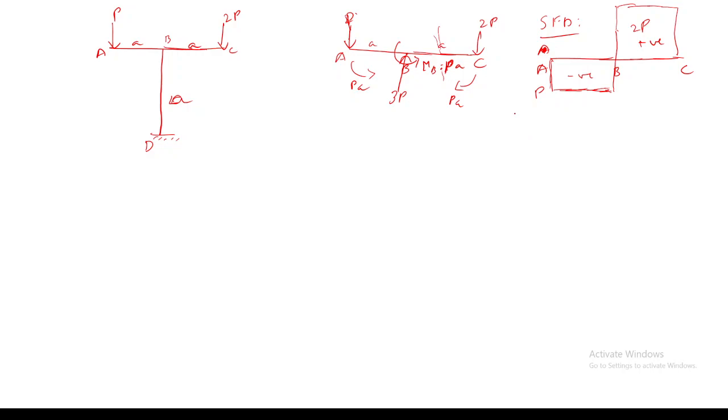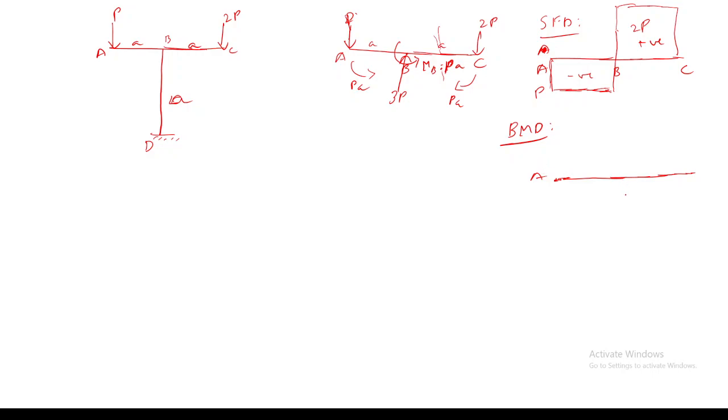So can you say what the bending moment diagram will look like for member ABC? At A, is there any bending moment at A? No. So it will be 0, right? Yes, sir. Okay.